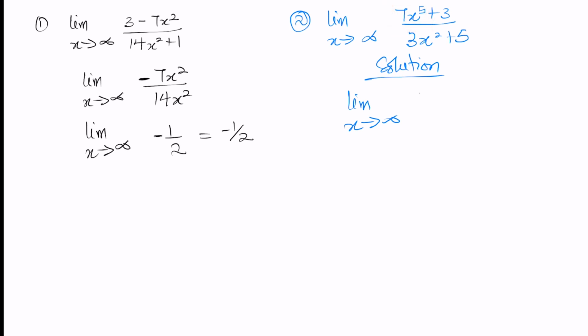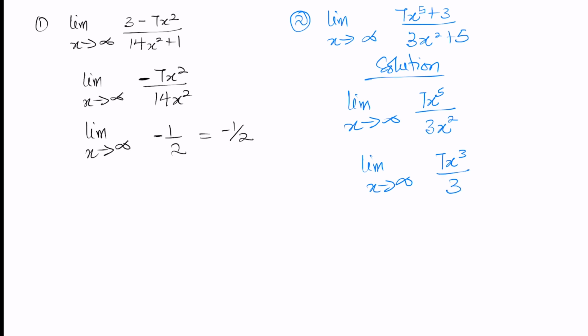That gives us 7x raised to the power 5 divided by, look at the denominator and take the highest power of x, which is 3x squared. Now, let's simplify this expression. That gives us the limit as x approaches infinity of 7x cubed divided by 3.